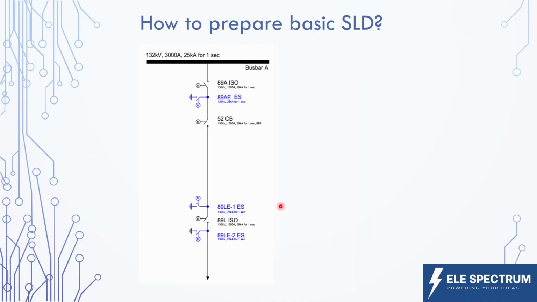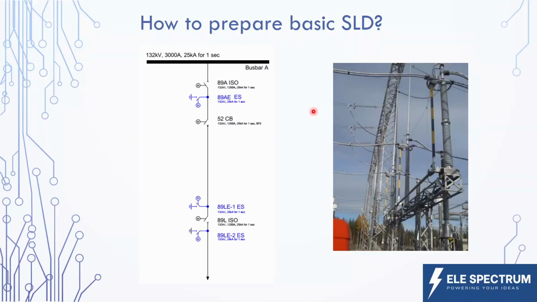As you can see, this earthing switch has one part connected to the circuit and another part connected to ground. So this is a shunt element of the circuit. Let's see some photos of earthing switch from a substation.